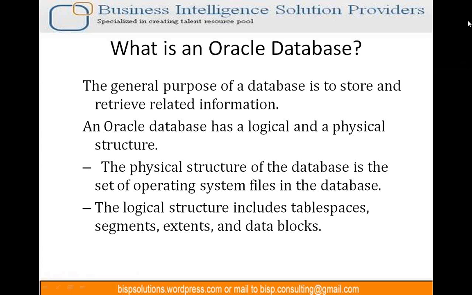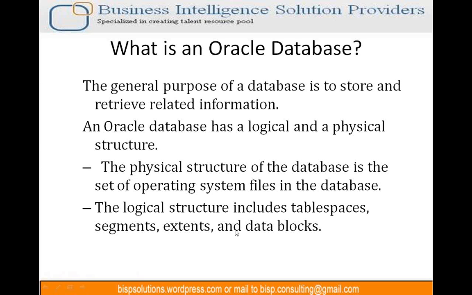So, when we talk about an Oracle database, we basically talk about two types of structures of the database, a logical structure and a physical structure. The physical structure of the database is where the physical files are present. These physical files can be present on a hard disk or on a shared network device. But yes, we are basically talking about the physical files of the database.